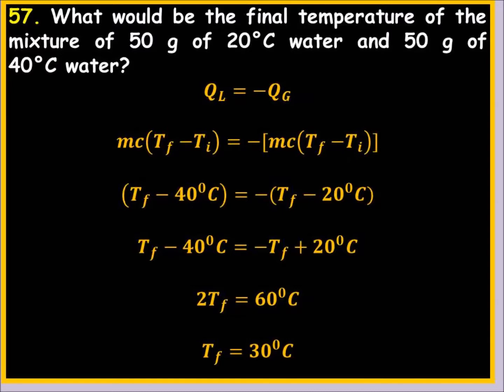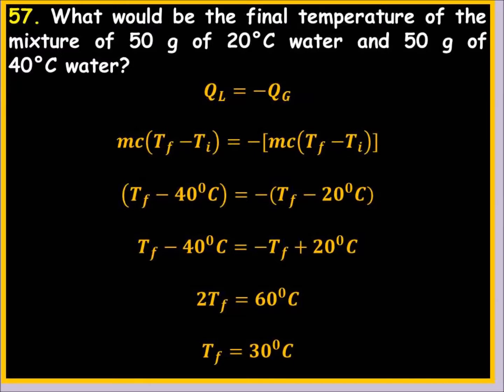What would be the final temperature of a mixture of 50 grams of 20 degrees Celsius water and 50 grams of 40 degrees Celsius water? This is actually a good problem. You know that in the calculation, the MC cancels. Let's just make this quick.